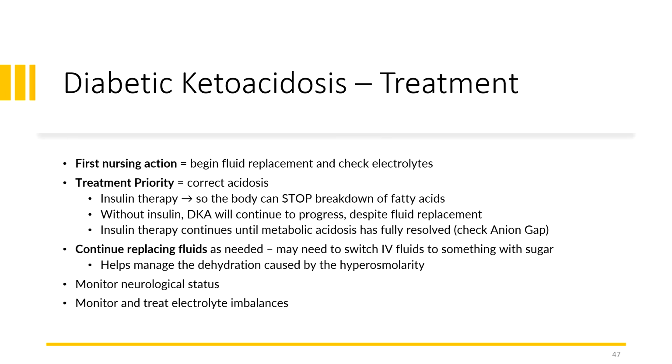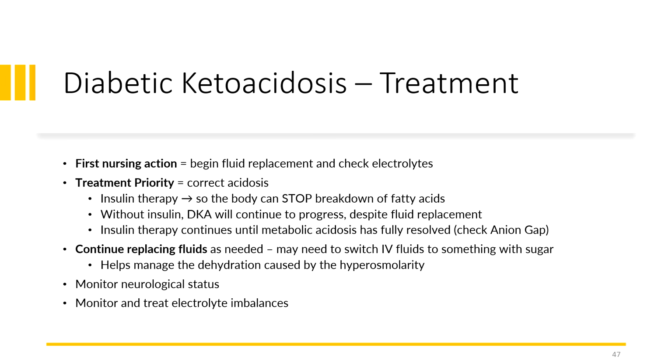So you need to make sure that your patient is on a heart monitor so that we can see changes in their heart rhythms, and we're going to need to check their potassium levels kind of frequently. So usually about every 4 hours. Sometimes at the beginning it's every 2 hours. Okay. Because we want to make sure that we're replacing that potassium level so that we can continue that insulin therapy to stop the breakdown of the fatty acids and the proteins. Okay.